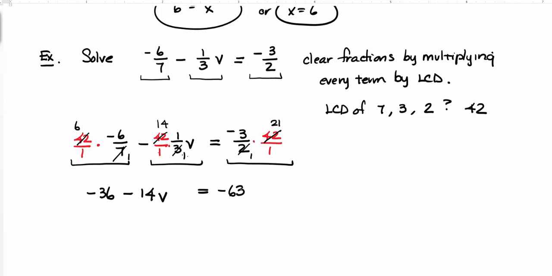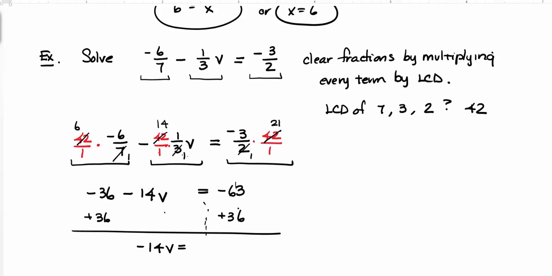Now it becomes a straightforward problem, like what we've been working with before. If I look on either side, I can't simplify anymore. So I'm going to add 36 to both sides, and I get negative 14v equals negative 27.